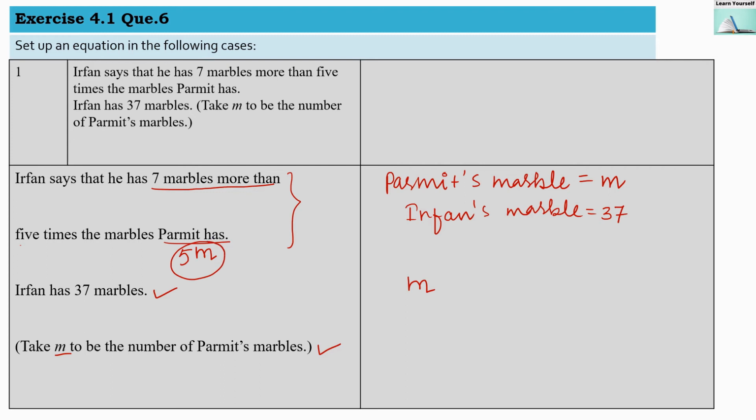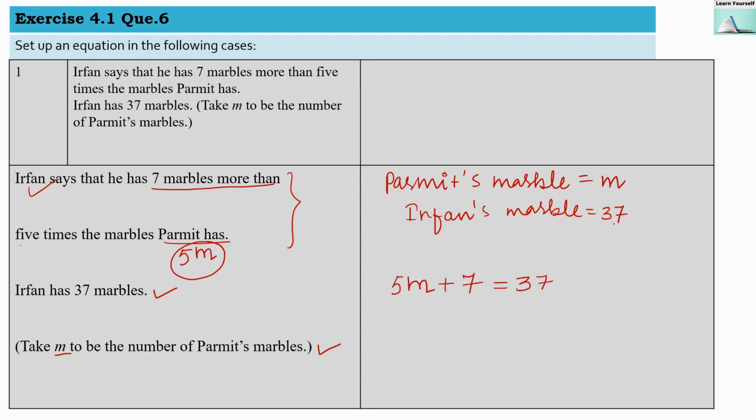He has 7 more marbles than 5 times m. So here I am going to write 5m and then I am going to add 7. And who says this? Irfan says. Who has 37 marbles? That means this many marbles is going to equal 37.